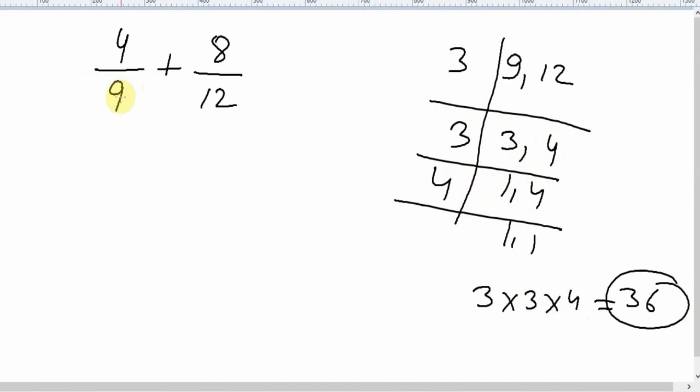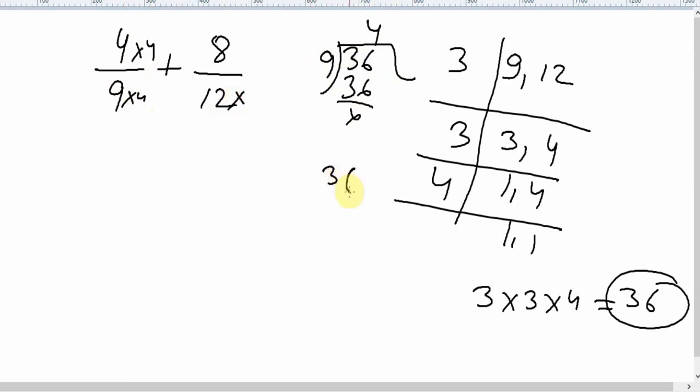Simply, by what number is 9 to be multiplied? Divide 36 by 9. 9 times 4 is 36. So we need to multiply this by 4. By what do we multiply 12? Again 36 divided by 12. 12 times 3 is 36, that is 3.